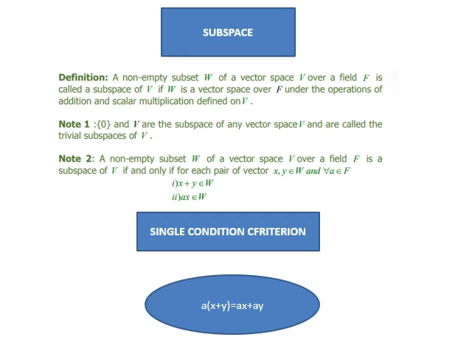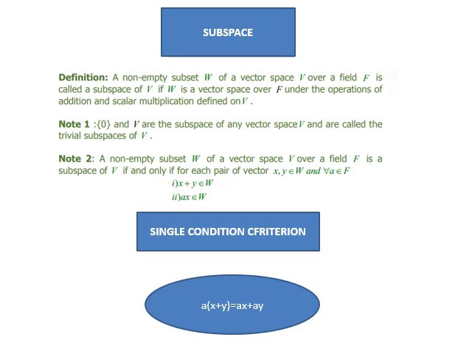Suppose I consider 2 vectors x and y from W. When you do vector addition, x plus y should be in W. Also, for scalar multiplication, one a from the field F, when I multiply with x, it should be in W. When these 2 conditions are satisfied, then you call the subset W a subspace. A subset becomes a subspace if it satisfies these 2 conditions: x plus y belongs to W, and ax also belongs to W.